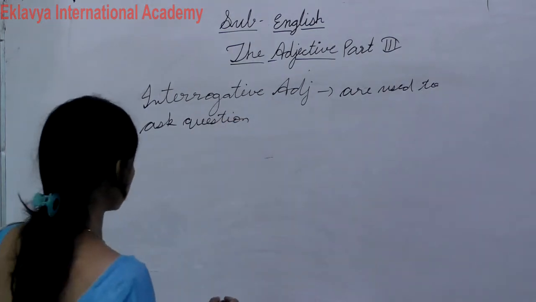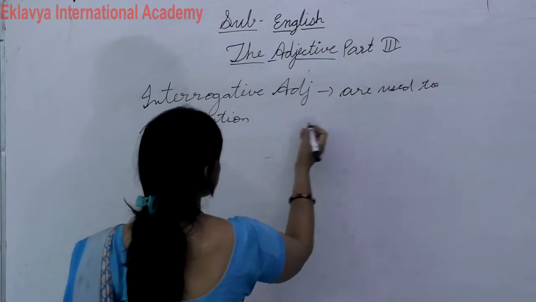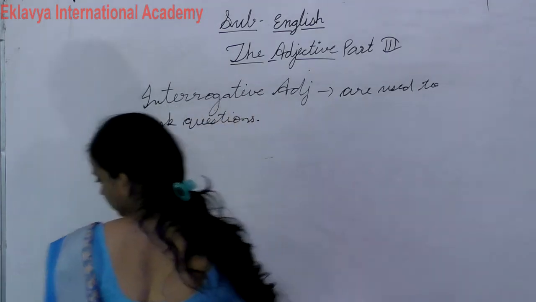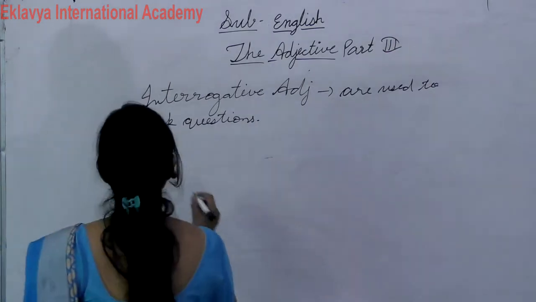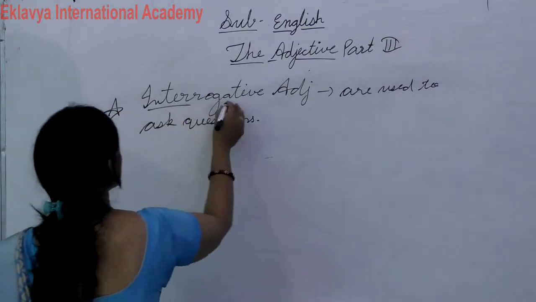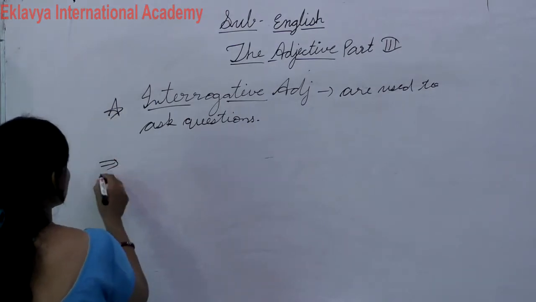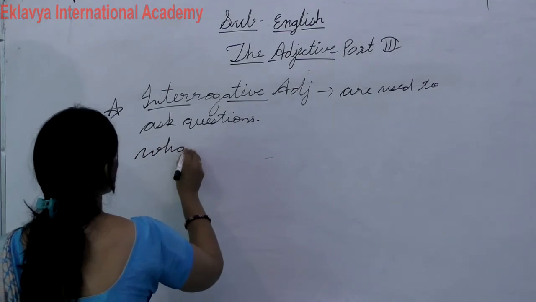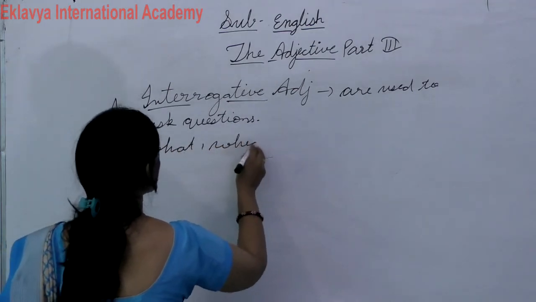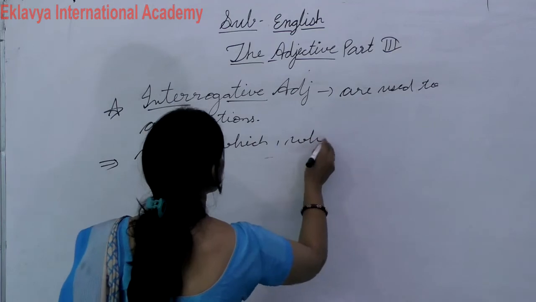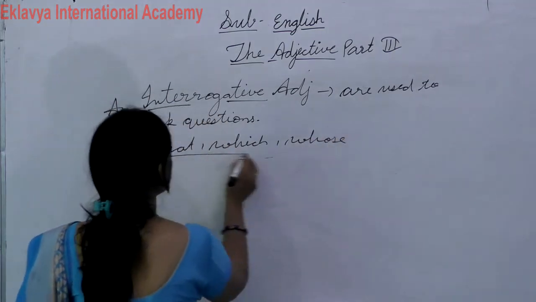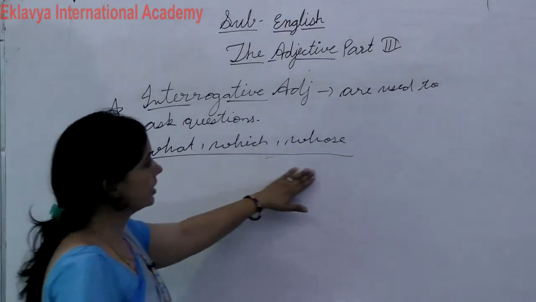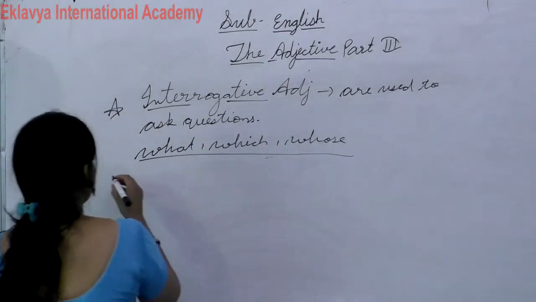So which ones are they? What, which and whose, they are interrogative adjectives. Not all WH words, only these are interrogative adjectives.